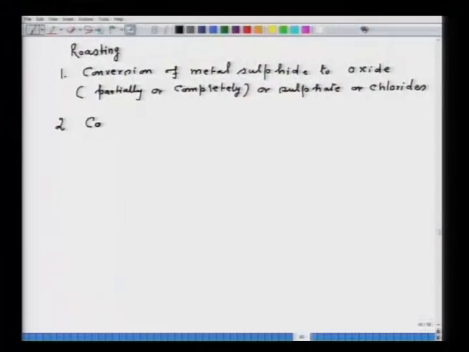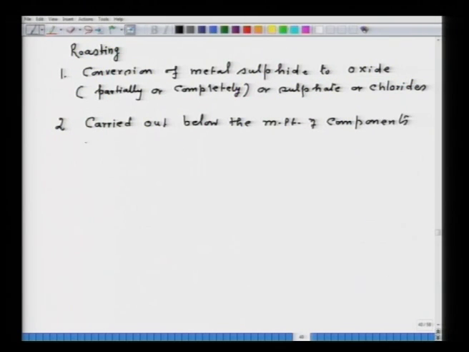Second, it is carried out below the melting point of the components of the ore. That means, you do not go above the melting point.